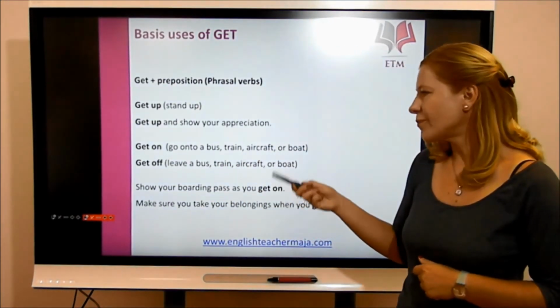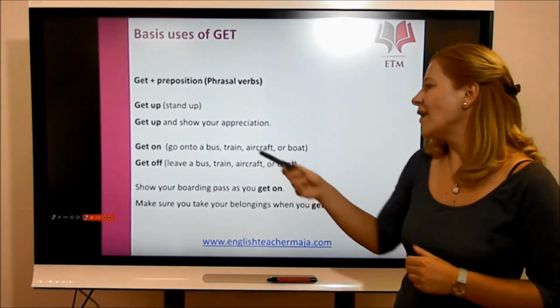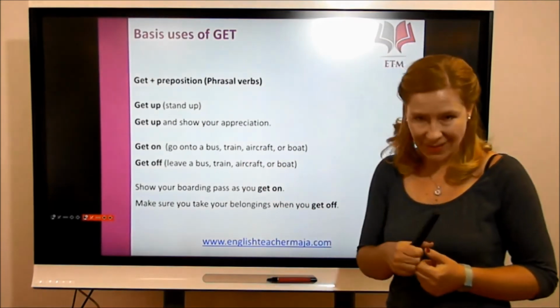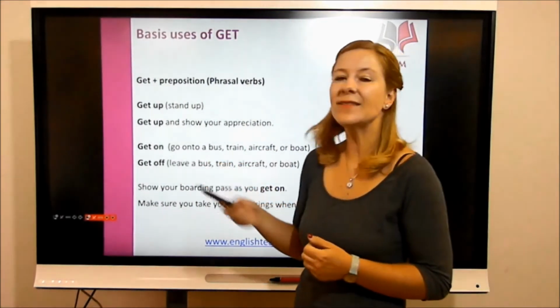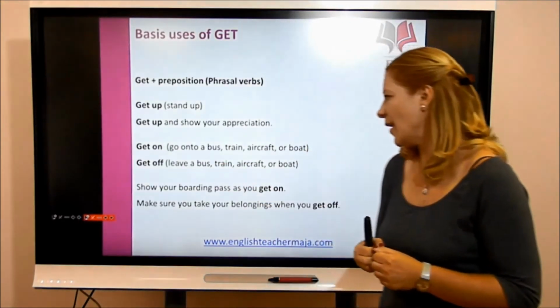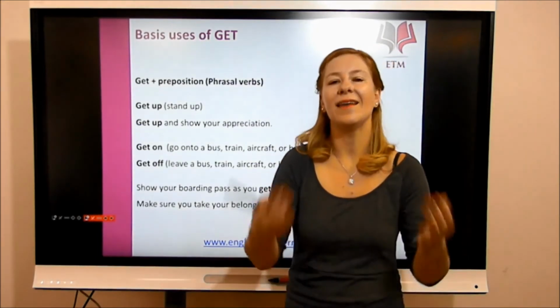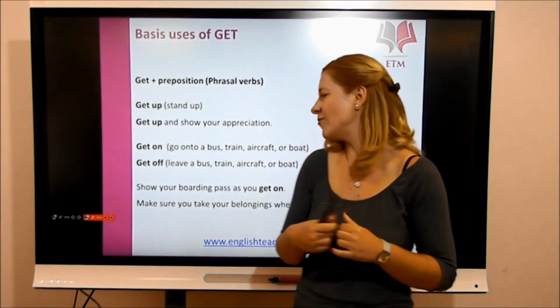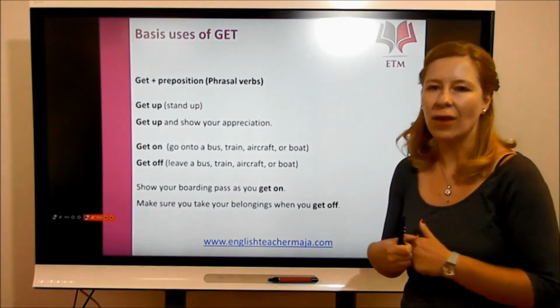So then we have get on and get off. Get on is used with buses, trains, planes, and boats. And the opposite is get off. Okay, so get on, it means to go on to a bus, and get off, it means to leave. Example sentences. Show your boarding pass as you get on.